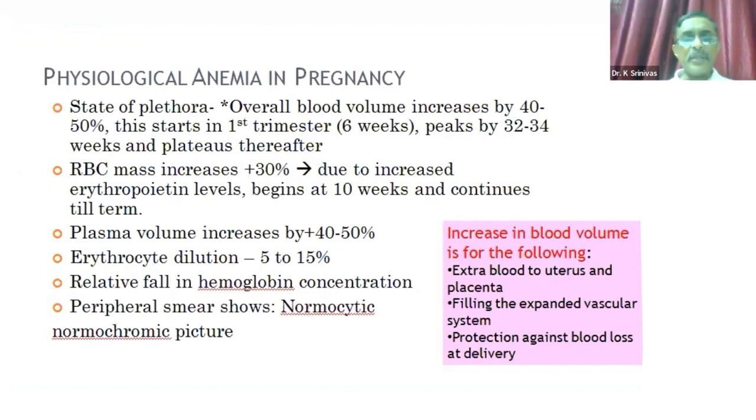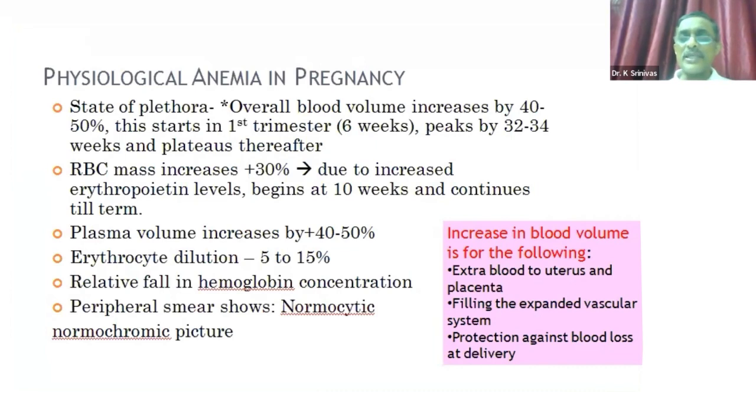But while the blood volume is increasing, the plasma volume versus RBC mass is disproportionate. Just understand this. Plasma volume increases by 40 to 50%, but RBC mass increases by only around 30%. So there is a discrepancy of 10 to 20% between the increase in the RBC mass and the plasma volume, which causes a dilution.